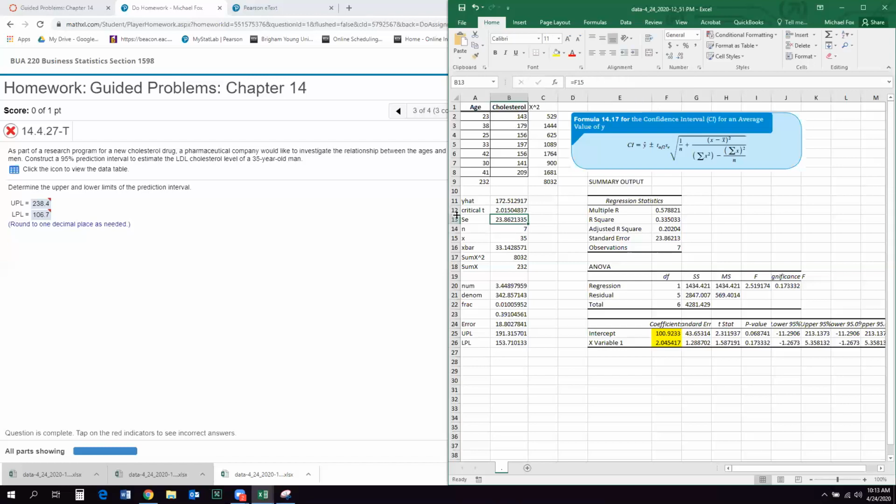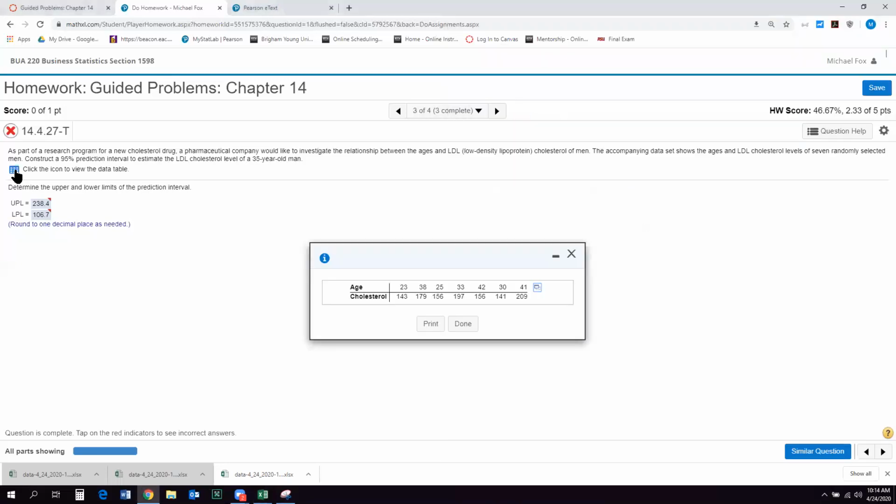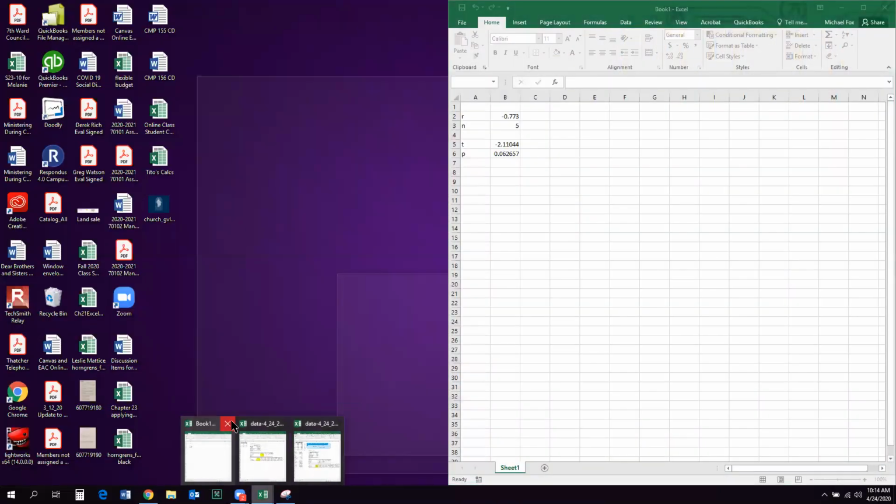Yeah, that didn't change it. I'll see if changing it to a one-tailed test on the critical T. You know, I guess I'm gonna have to go back and figure this out and see if maybe I can record something for you, or did I restart this and we have weird data or something? Like 23, 143.